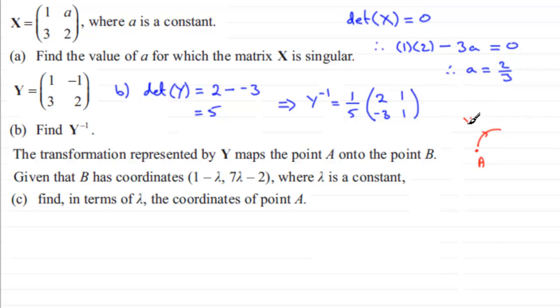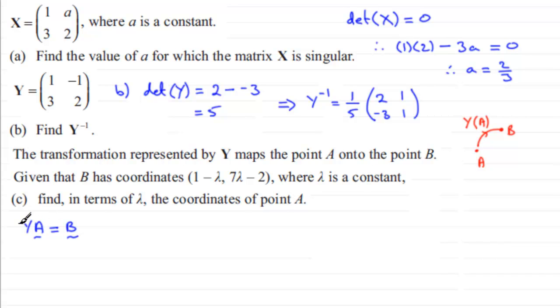If we do Y multiplied by A, it takes us to this new point B. So we're saying that Y multiplied by the point A, which we're going to give as a vector, gives us the point B expressed as a vector.